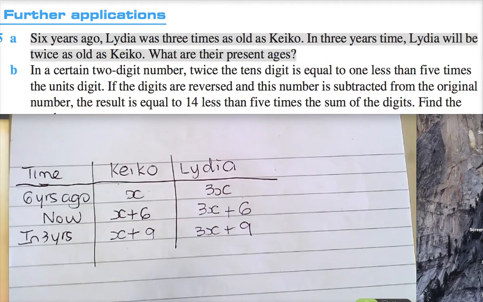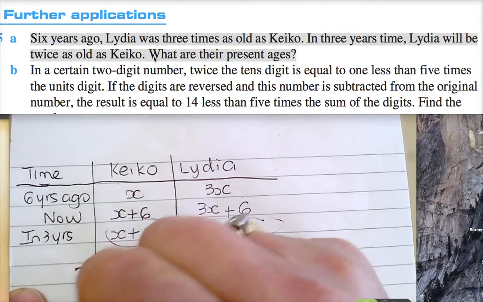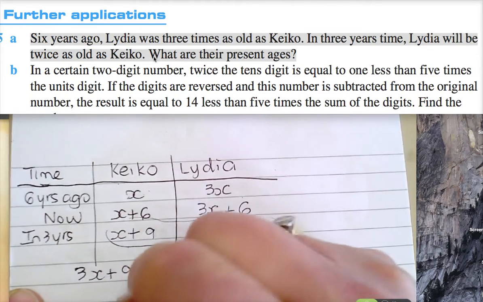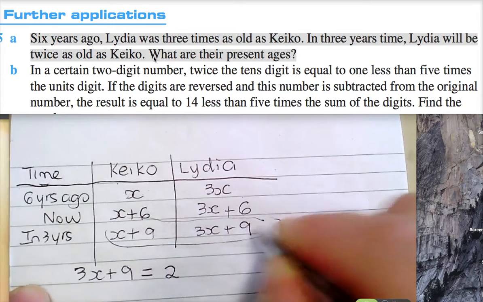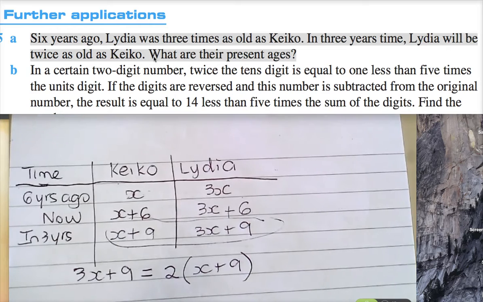So you set your table up and then you read the last sentence. In 3 years' time, Lydia will be twice as old as Kiko. So look at these values. In 3 years' time, Lydia, which is 3X plus 9, will be 2 times whatever Kiko is. And you solve that.